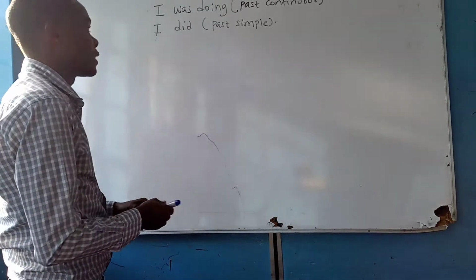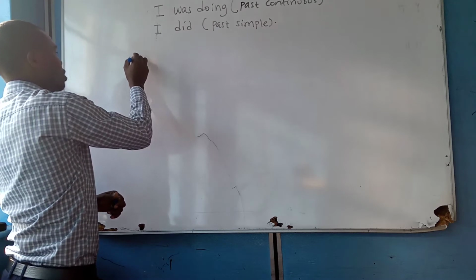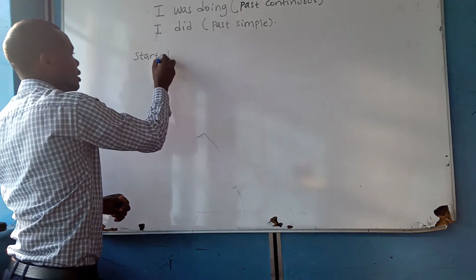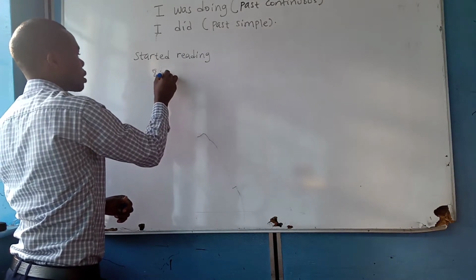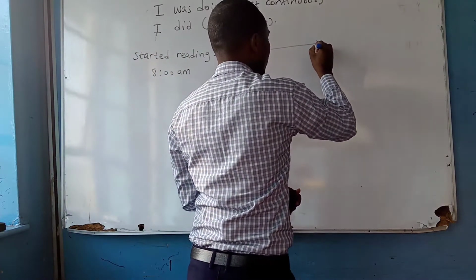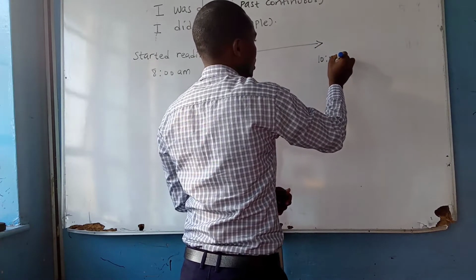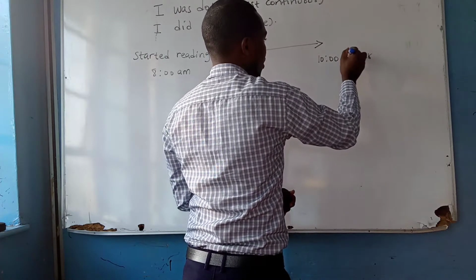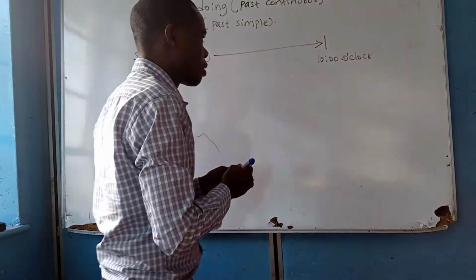So this is the understanding that I want us to draw from those examples. The past continuous tense is used to indicate an action that had started. For example, let me assume that I started reading at 8 o'clock. Then I read all the way up to maybe 10 o'clock. At 10 o'clock, I was still reading. So, something happened here, and maybe I stopped reading.